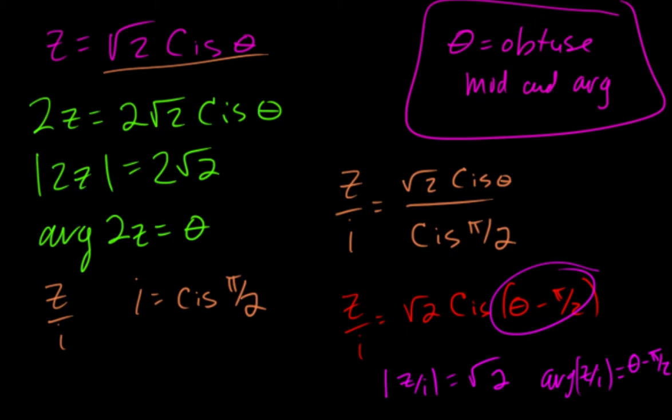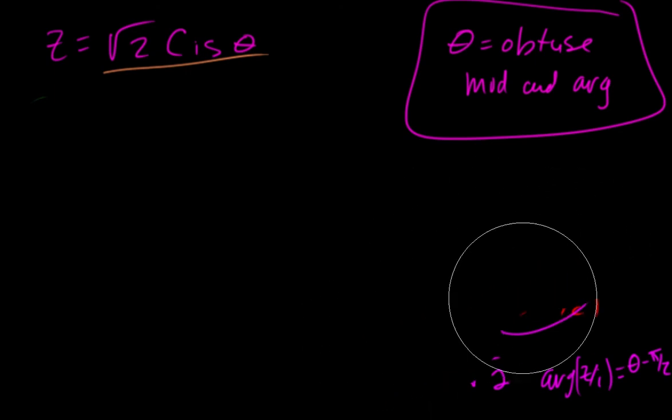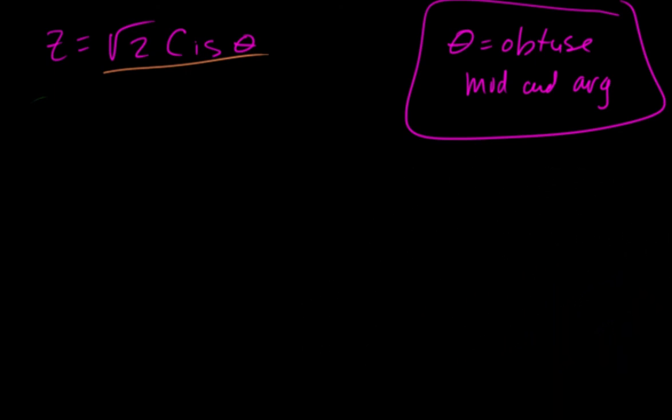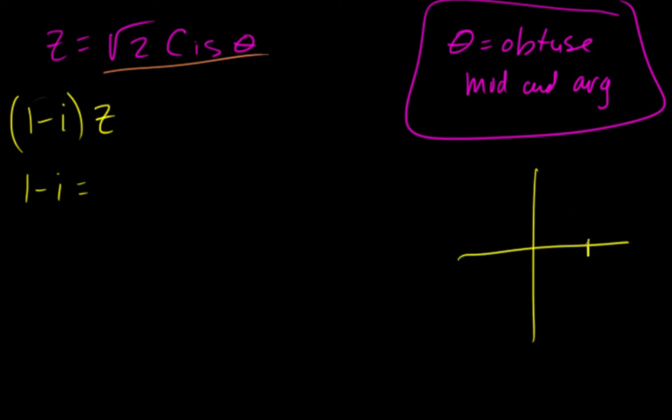All right, now let me get some more room. We have one more part to this one. They want us to find 1 minus i times z. So first we need to figure out what 1 minus i is. And so if we draw a picture, we're going to go 1, negative i.